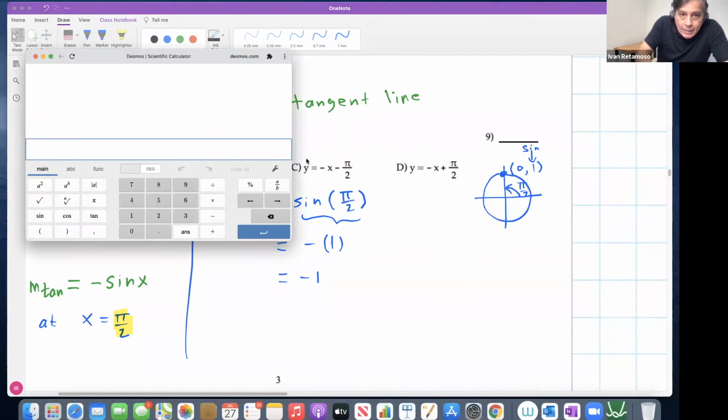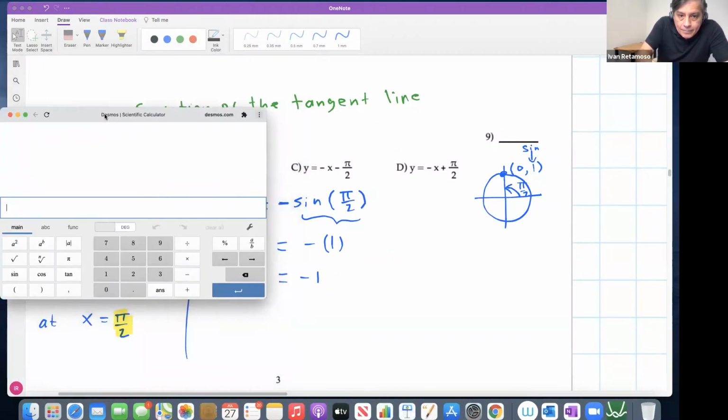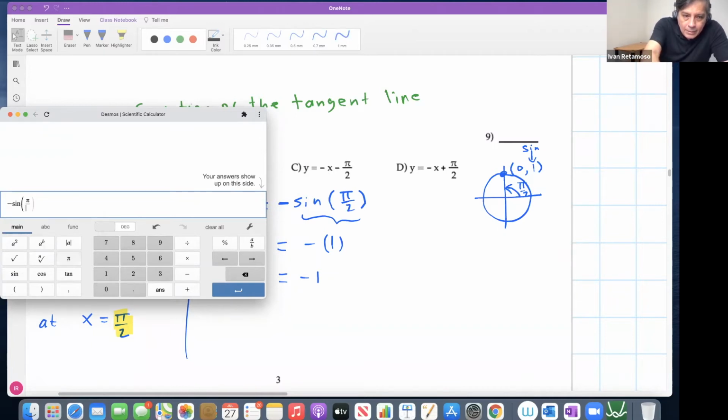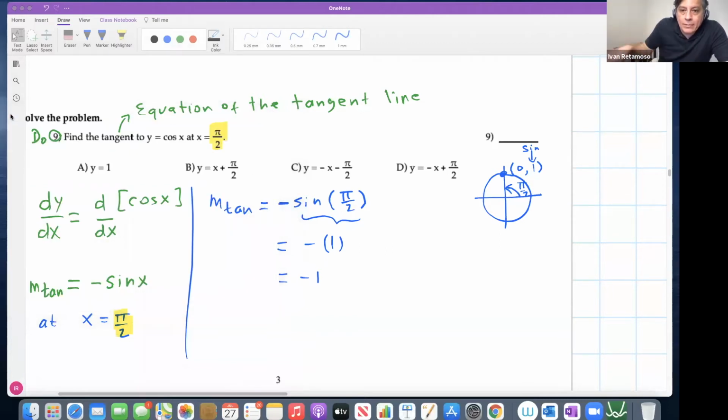What is minus sine of pi over 2, with pi divided by 2? Look, it's not giving me -1, it's giving me some decimal number, but this is because it's in degrees. As long as you work in radians, it should be -1. Yeah, so one more note here.